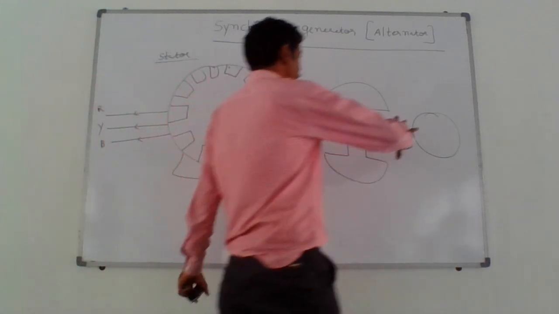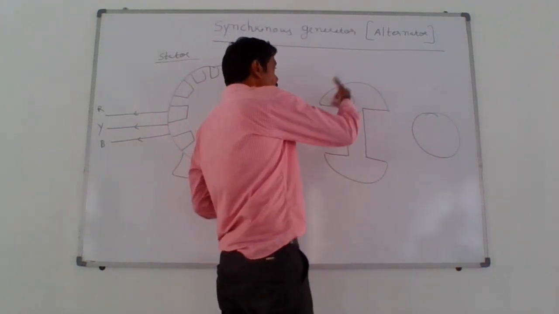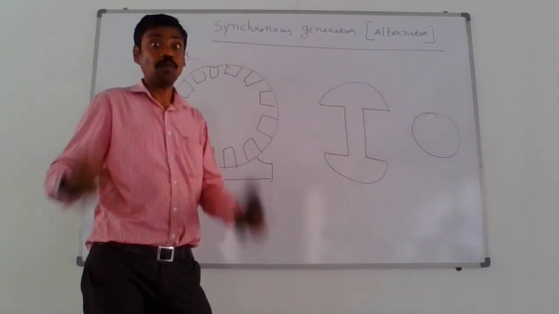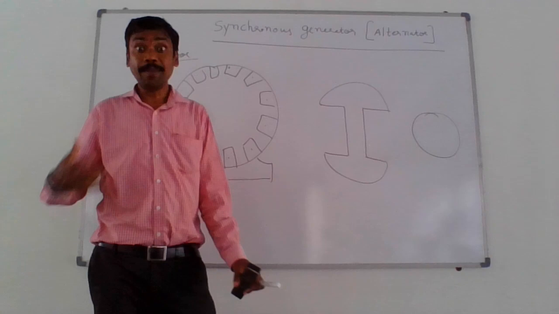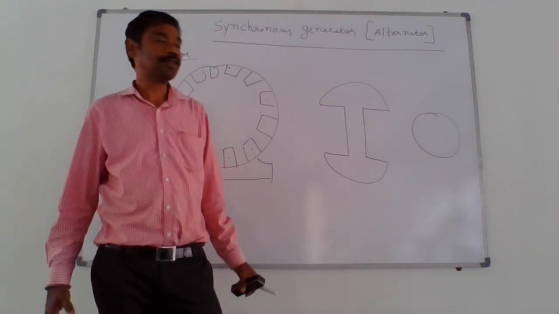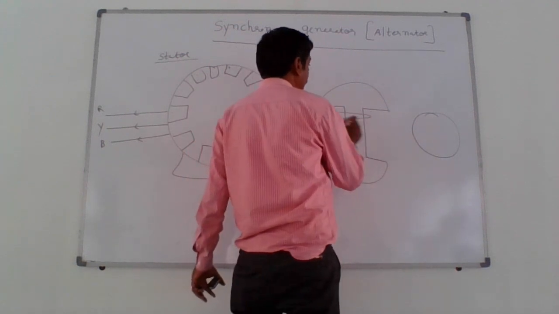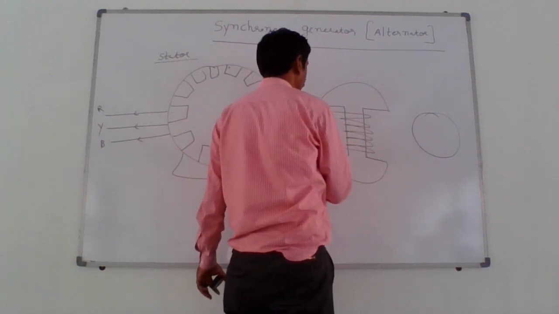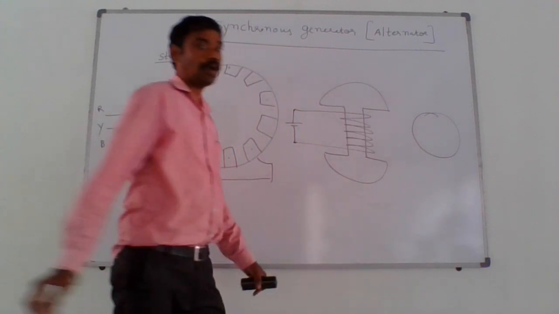So a cylindrical shape rotor is like this. A salient pole type rotor is like this, in which poles are projected outwards. We call it a dumbbell shape rotor. In this, poles are projected. In general, we are giving a DC supply to the rotor.